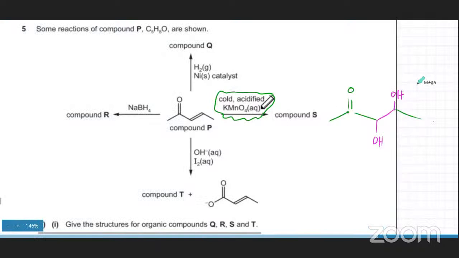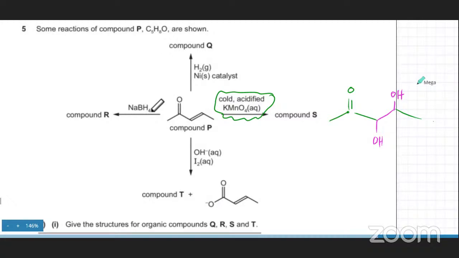Now over here you have cold, which is mild oxidation, which is why you're going to get diols. Now in these two parts, reduction is happening. NaBH4 is used to reduce ketones.